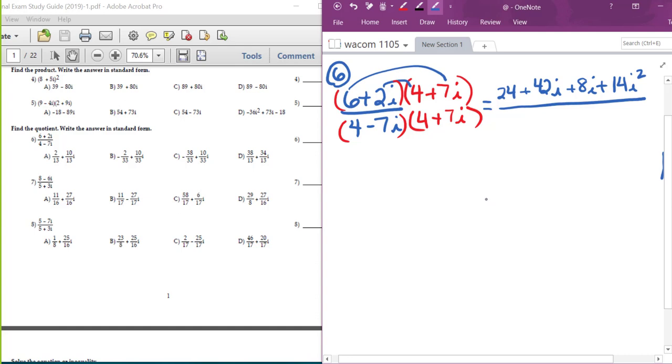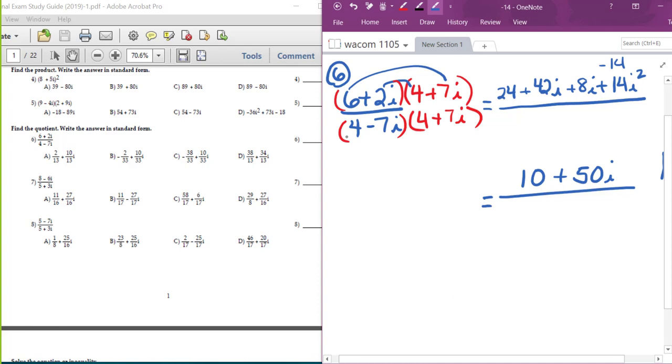We'll drop down here and go ahead and clean that up. And then we'll go back and do the denominator. So the i terms can go together. This is going to be 50i. i squared is -1. So -1 times 14. So we're going to have -14 plus 24, which will give me a 10. And this will be plus 50i.